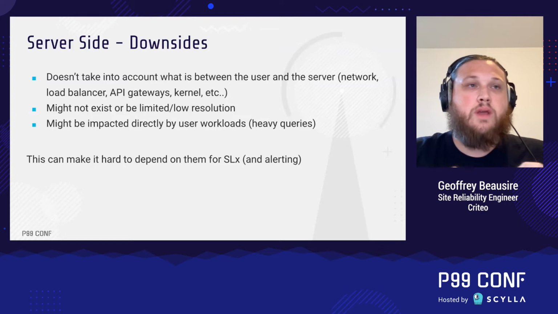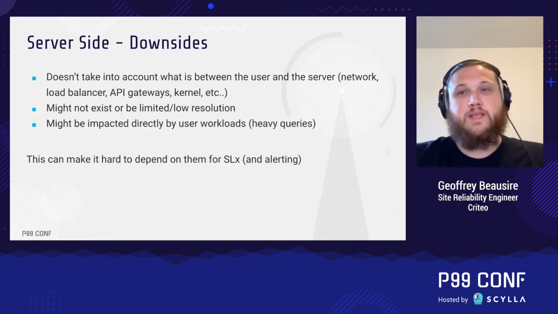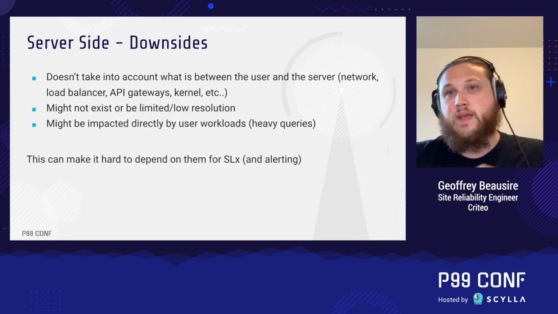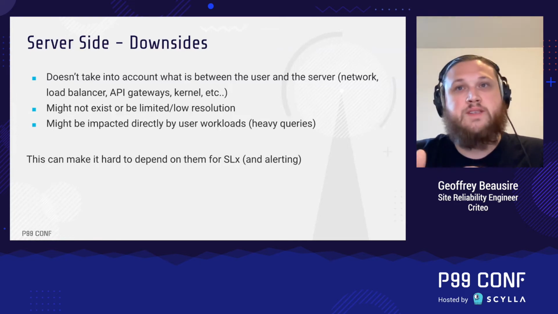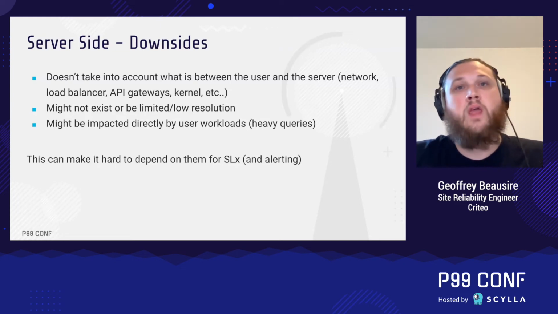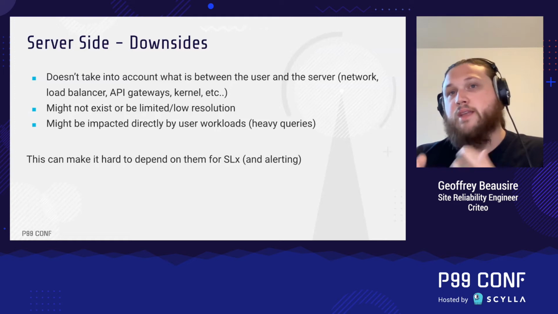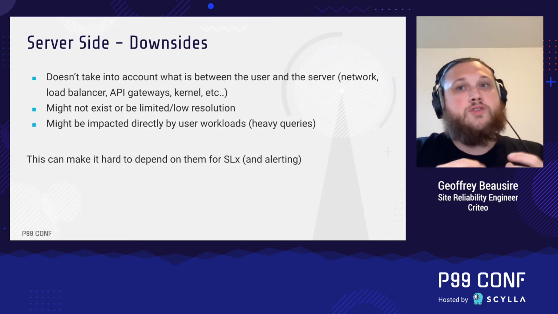Also, your measurement can be impacted directly by user workloads. If your users start to make heavier queries but fewer of them, maybe you will identify it as a regression of your service, but maybe it's just more efficient to do it this way. All of this makes it hard to depend on it for SLA, SLO, and also alerting.